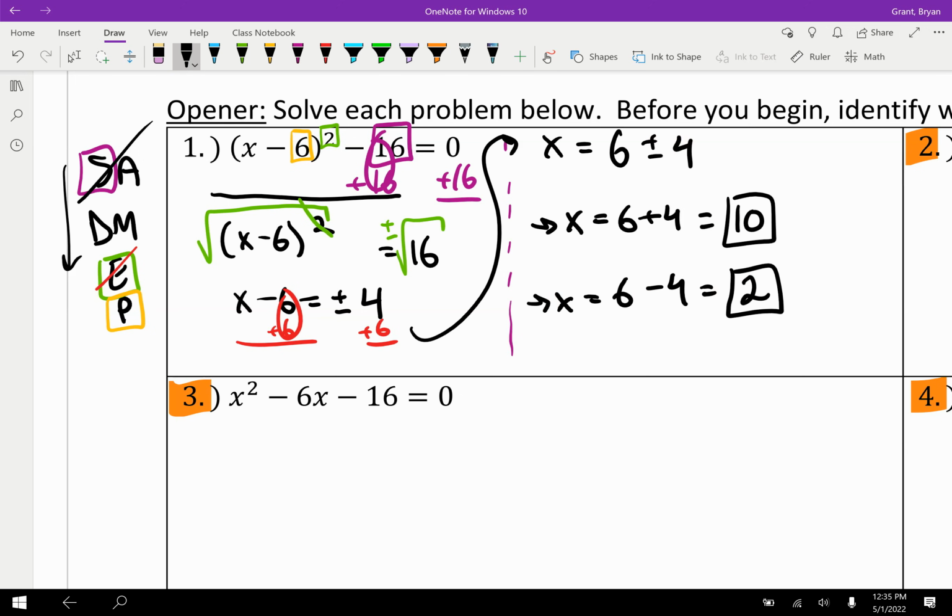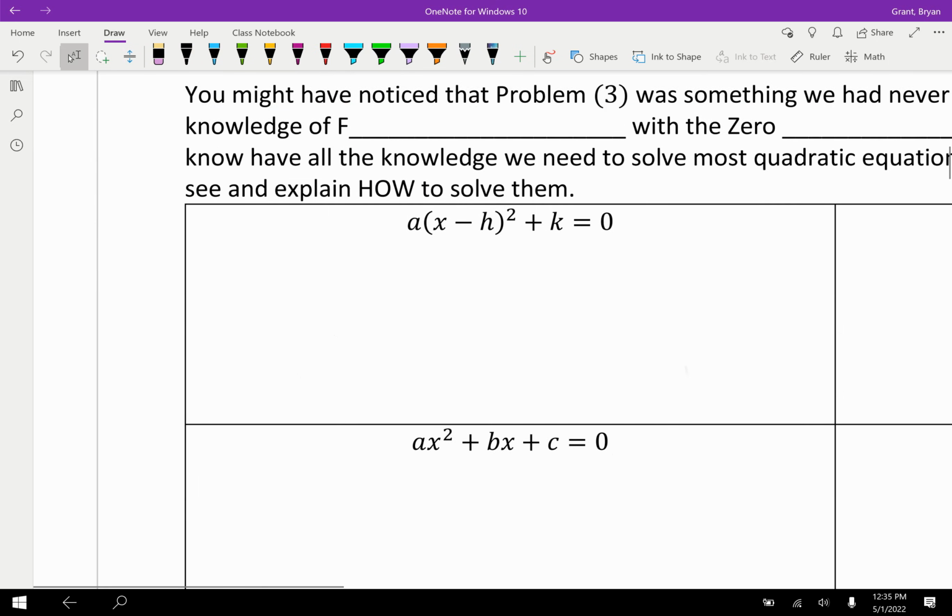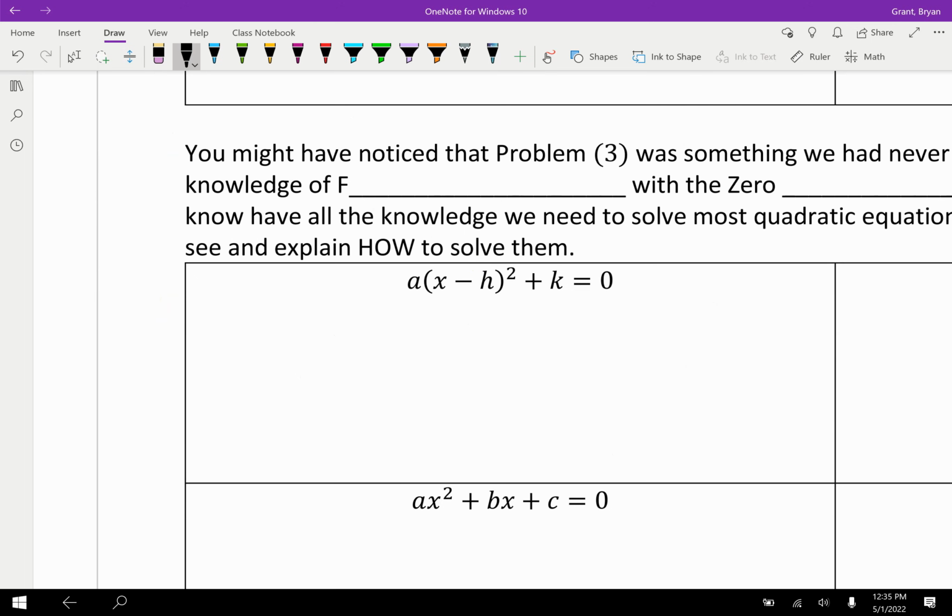Okay, so on problem 1 up here, where there's that single x, it looked something like this, right? All we had to do was follow SADMAP. And I'm going to quickly write down the SADMAP in the order that we would go and what letter we would undo for each one as well. The SA is going to undo the K, and then the multiplication and division is going to undo the A that's out front.